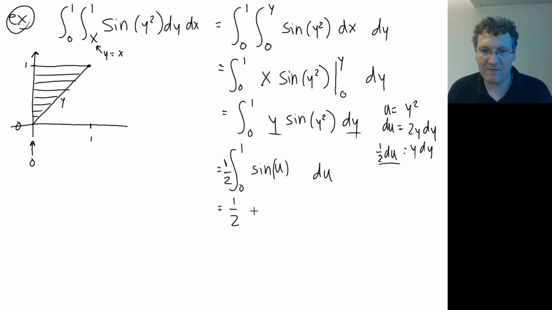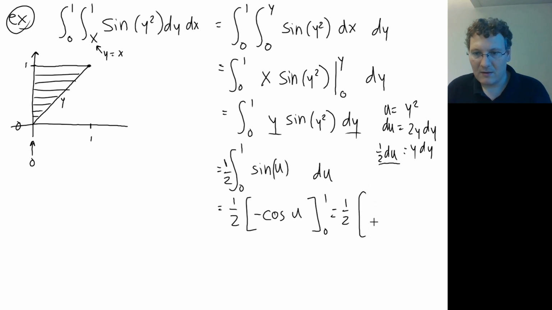Okay, this is 1/2. The integral of sine, remember, is negative cosine of u. And from 0 to 1, this is going to be 1/2 times the negative cosine of 1 minus the negative cosine of 0.